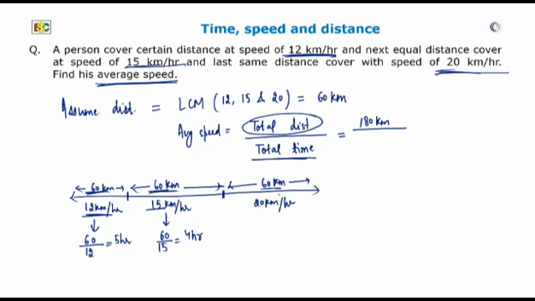And for third part again, time will be equal to 60 upon 20, that is 3 hours. Now total time will be equal to 5 plus 4 is 9, plus 3 is 12 hours, and this will be equal to 15 km per hour, that is our average speed.